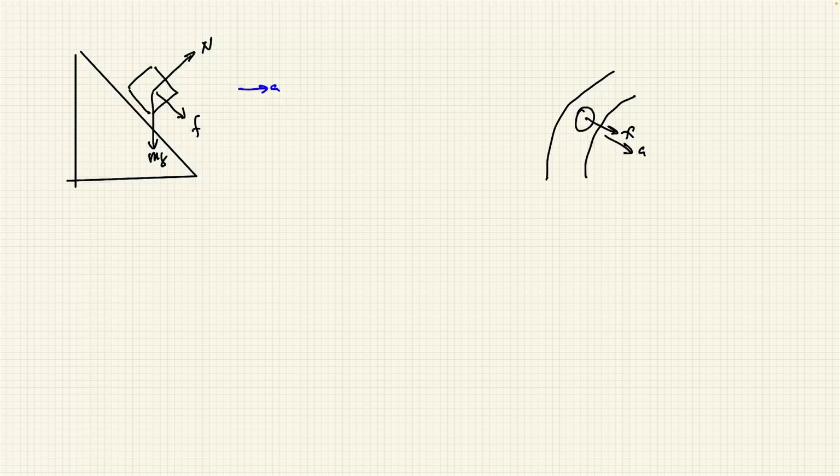Why do you feel pulled to the left? Because you have inertia. Which way do you want to go? Straight. Which way is your car going? To the right. The car is turning from underneath you, and the driver's side door comes in at you. Everything's pulling you to the right. That's where the real forces are. Everything else is made up.